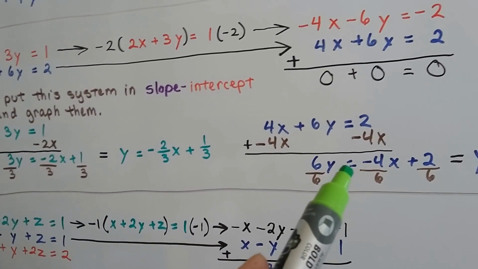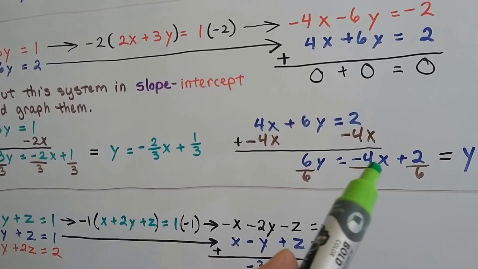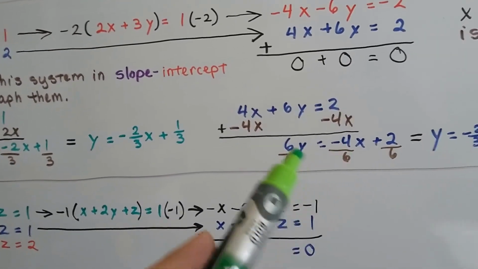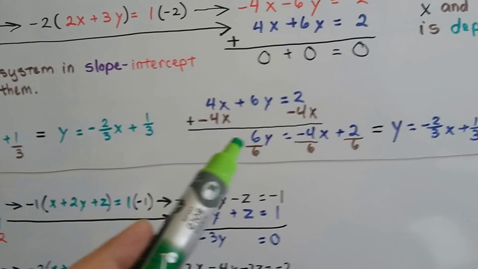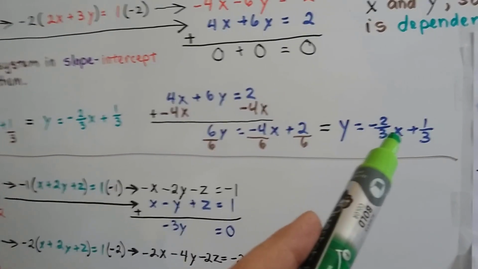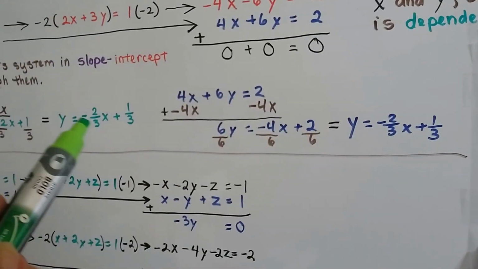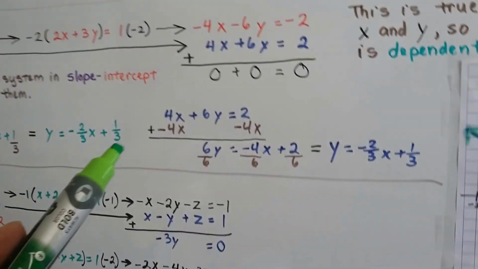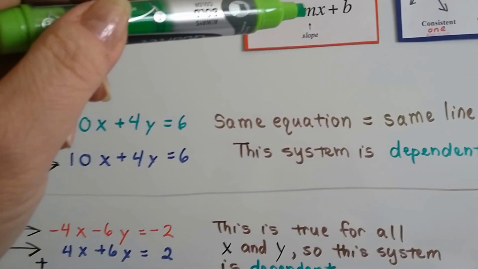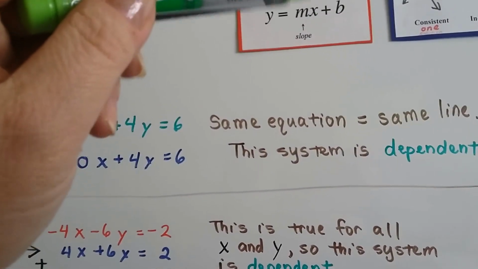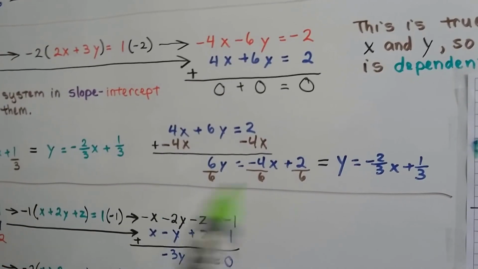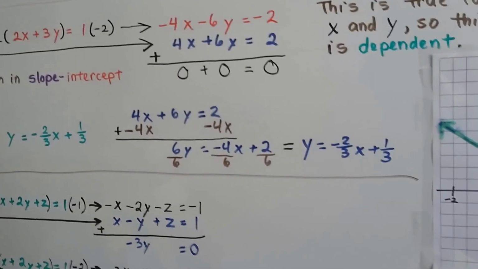We get 6y equals -4x plus 2. And when we divide each term by that 6 coefficient of the y here, we end up with -2/3 x plus 1/3. That's the same slope-intercept. Remember, the slope is m, and the intercept b is at the end here. So they both have -2/3 x, and they both have a positive 1/3.